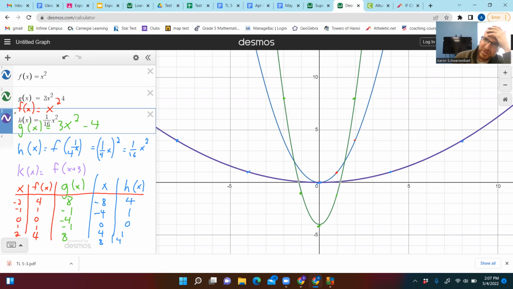And then finally, we have our horizontal shift, which we've done some of. This just says I go to the left 3, which means, again, all I'm doing is transforming my x coordinates. This has got to be k of x.